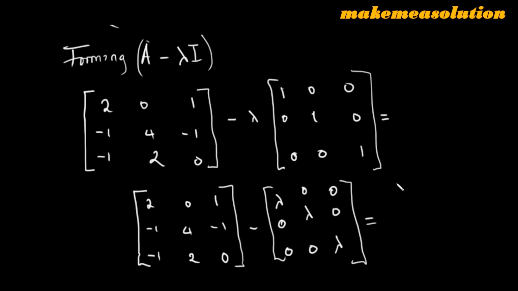When you evaluate this term by term, you have 2 − λ. Every other term remains as it is, so only the diagonal terms subtract lambda.